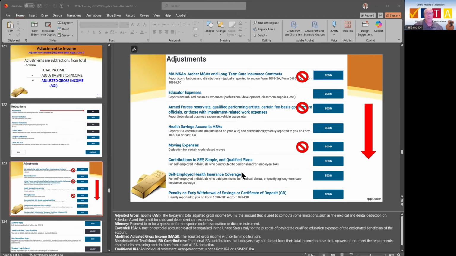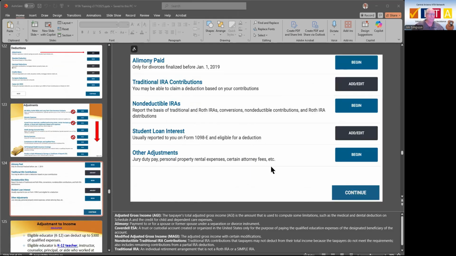But if you come across somebody in a VITA program where all their income's coming from Schedule C, talk to the site coordinator about self-employed health insurance because they may qualify for that. And it's a pretty good adjustment. And then penalty on early withdrawal, we're going to talk about that. You've got a test question on that, a very easy one.